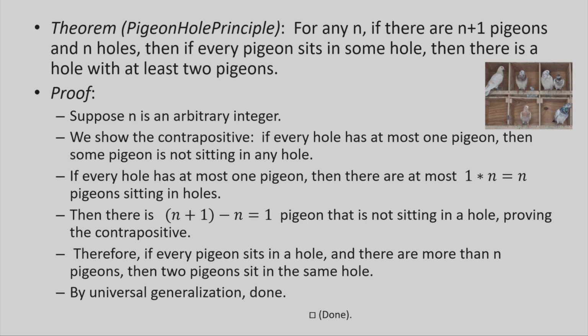So there is at least 1 pigeon that's not sitting in a hole and is flying somewhere, and that proves our contrapositive. So we proved that if every hole has at most 1 pigeon, and there are n plus 1 pigeons and n holes, then some pigeon is flying somewhere, which means that if no pigeon is flying, if every pigeon sits in some hole, then some hole has at least 2 pigeons. And by universal generalization, we are done.